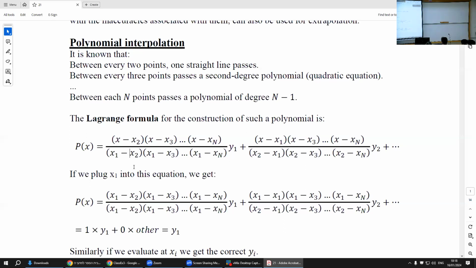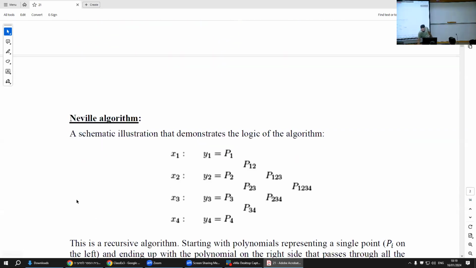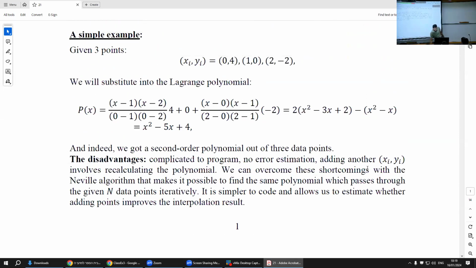If I add another sample point, I have to recalculate every product and then calculate it. If you have the polynomial itself and you want to improve it by another new point, you have to make the calculation from the beginning. So that's one problem. And we solve this problem by implementing what's called the Neville algorithm, and we'll talk about it.